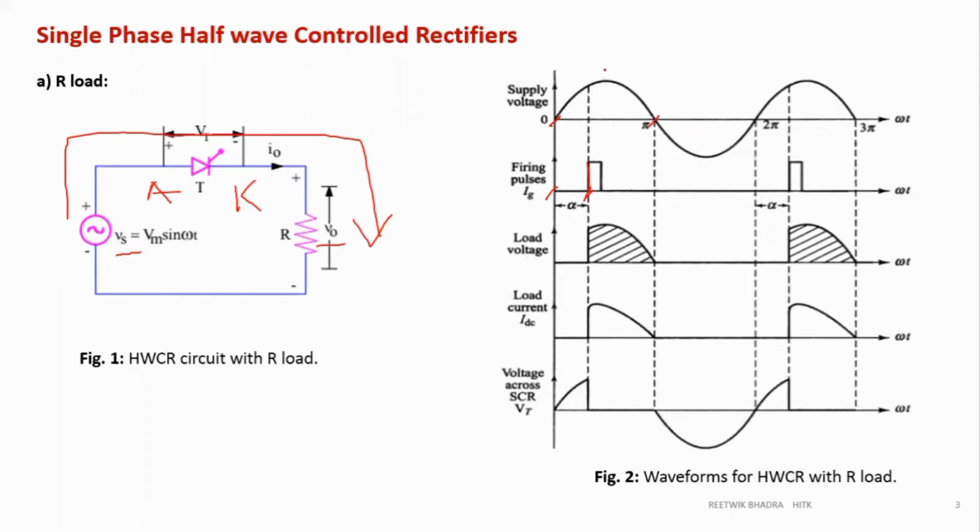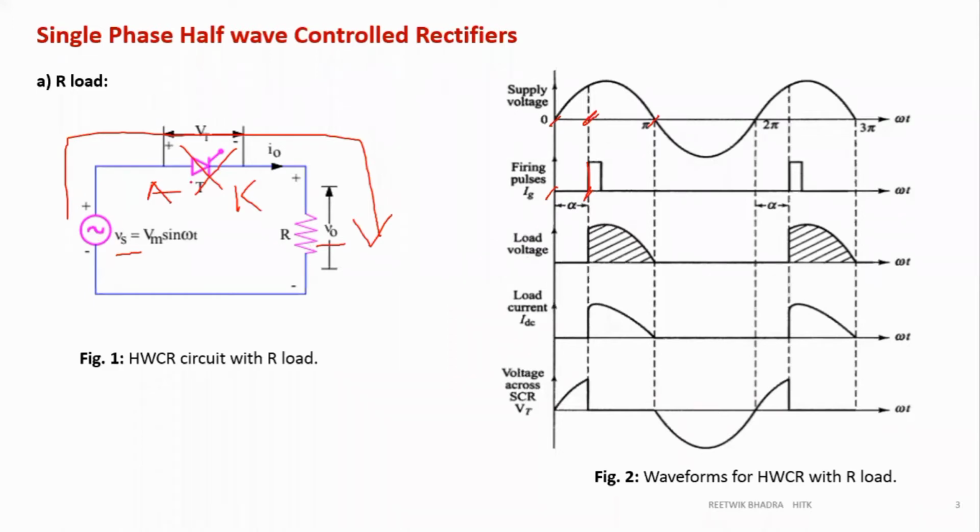So what is Vs during the positive half cycle? This positive part, right? But if you see this region 0 to alpha, what is happening? This point is positive, this point is negative, no problem. Positive connected to anode, this will be forward biased, but no gate pulse is given. That means the thyristor is off. So the source and the load will be disconnected.